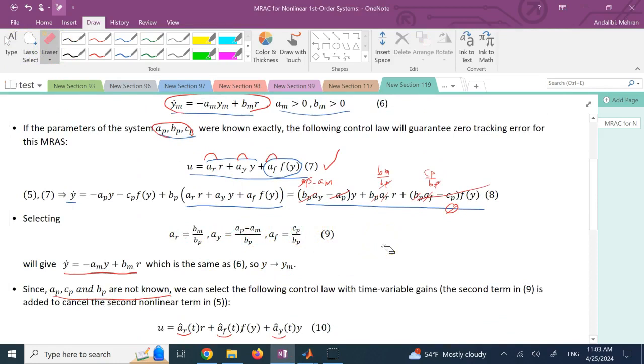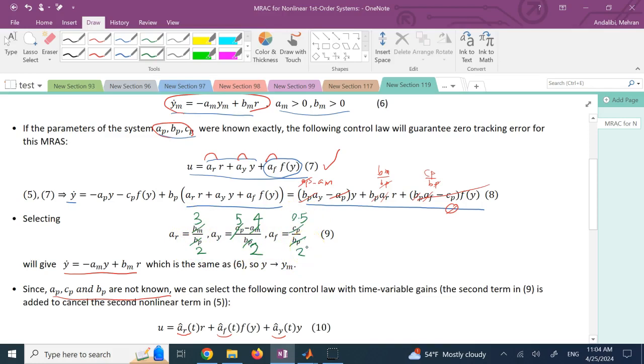This one, if you remember, AP was 5, AM was 4, BP was 2, BM was 3. In this case, CP for me is 0.5 and BP is 2. So the values that they should converge to are 1.5, half, and 0.25.